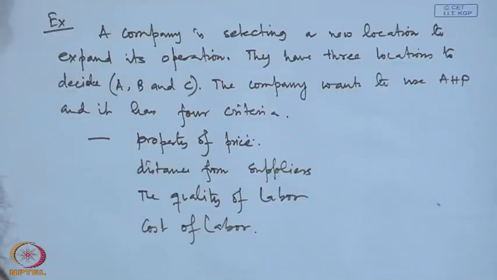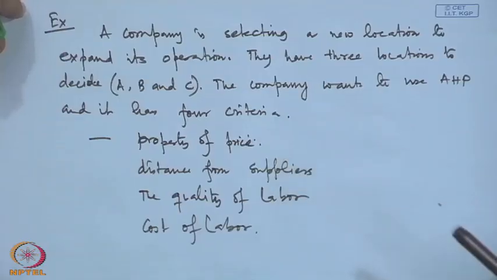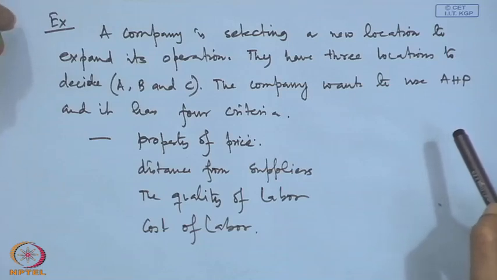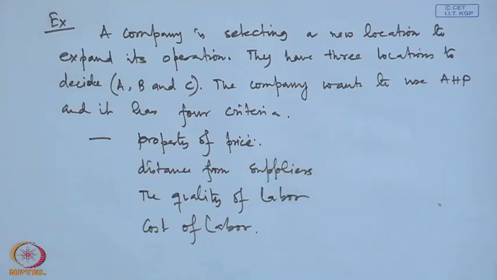As we could see, the criteria here are non-commensurable in nature. That means these are all measured in different units, because property price is in rupees, distance maybe in kilometers.